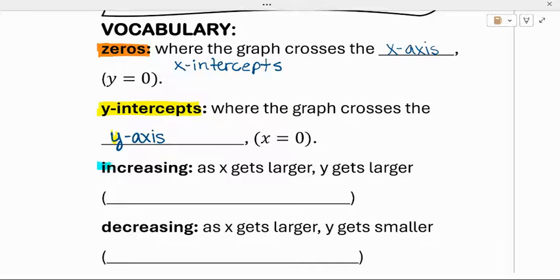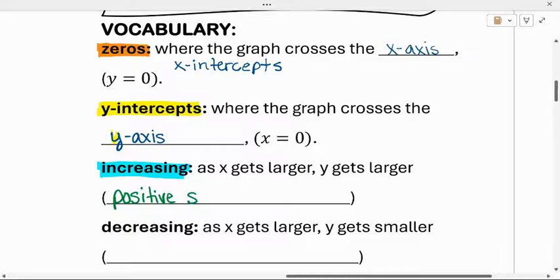So if a graph is increasing, as x gets larger, y gets larger, this means that it has positive slope. And your line is going to look like this. It's going to slant upwards, okay?